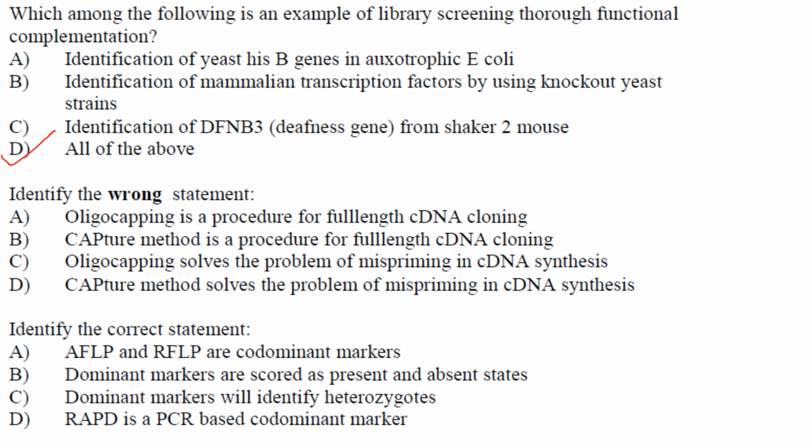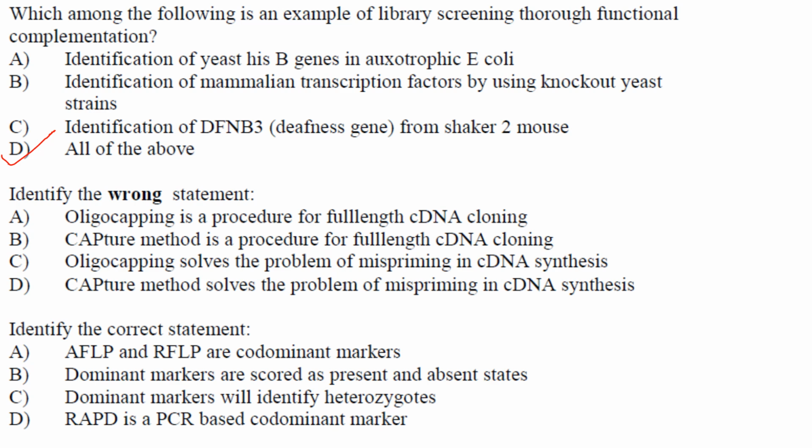Identify the wrong statement. Oligocapping and capture method. Okay. Oligocapping is a method that replaces the cap structure of eukaryotic mRNA with synthetic oligonucleotides during full-length cDNA synthesis. That is oligocapping. Now the capture method is also used for full-length cDNA synthesis.